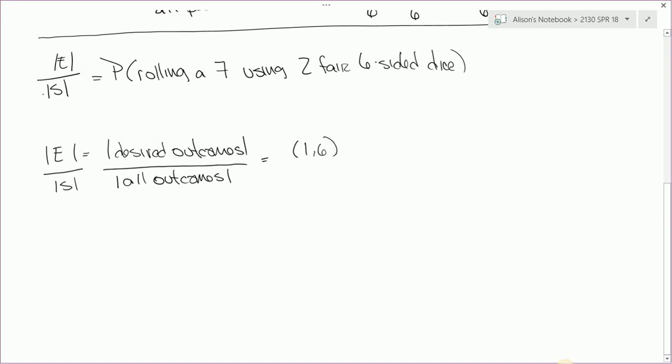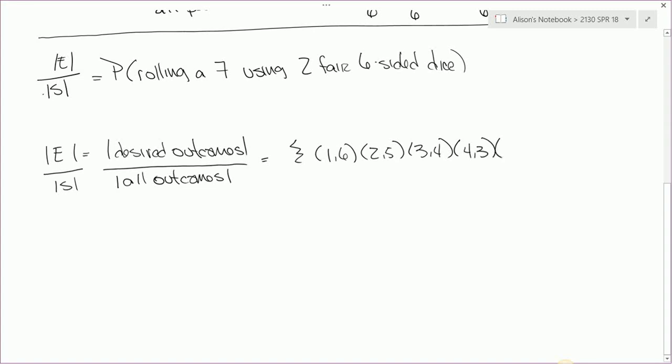If I have 2 dice, I can roll a 1 and a 6, a 2 and a 5, a 3 and a 4, and then, because I have 2 dice, I can also roll a 4 and a 3.